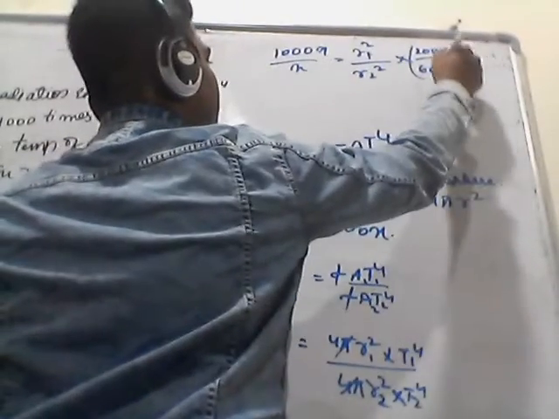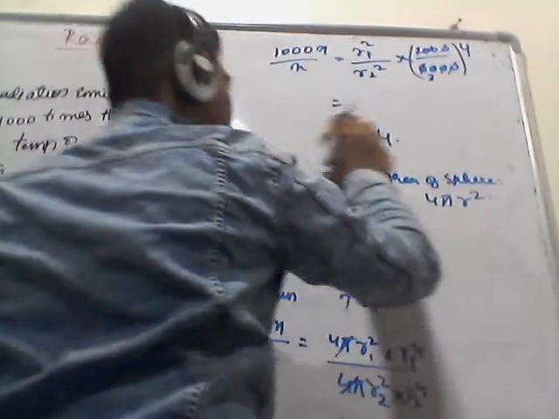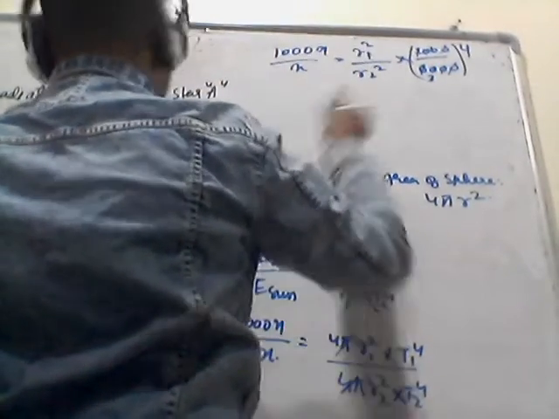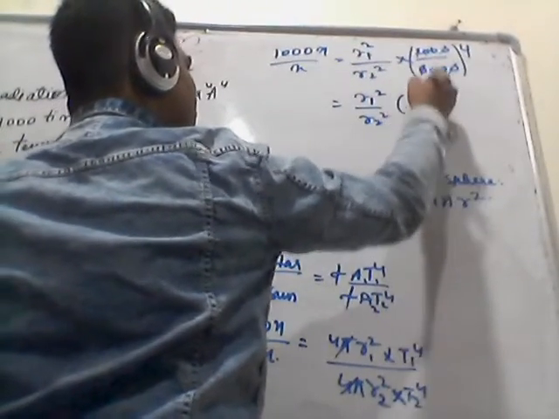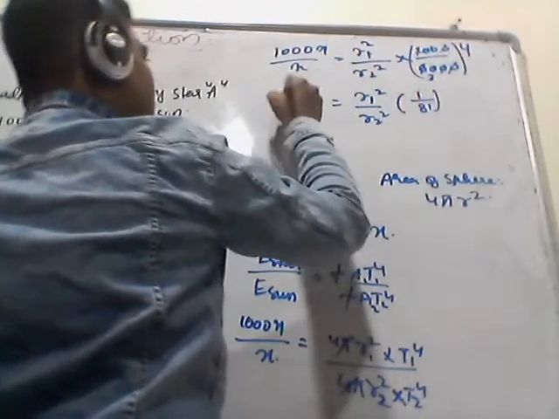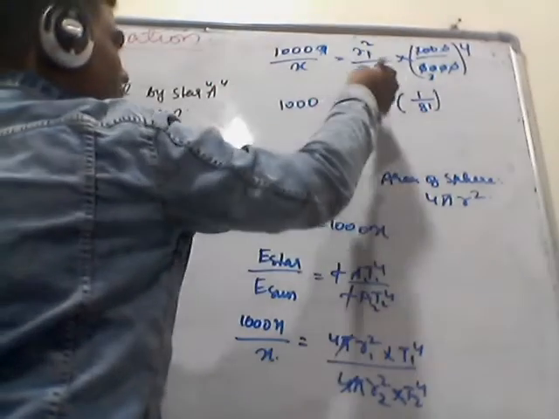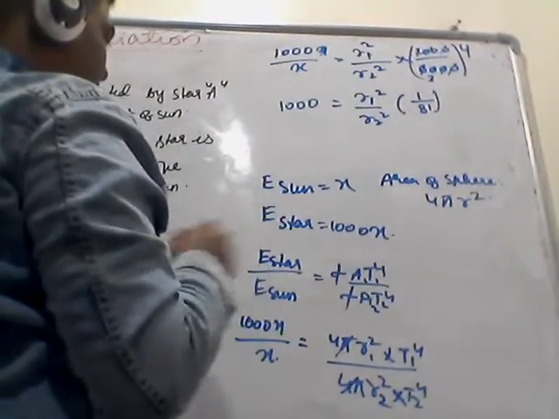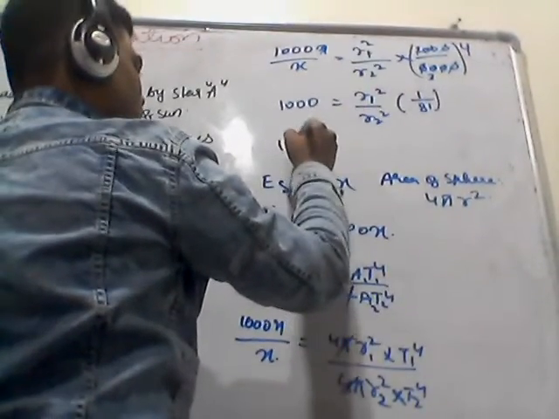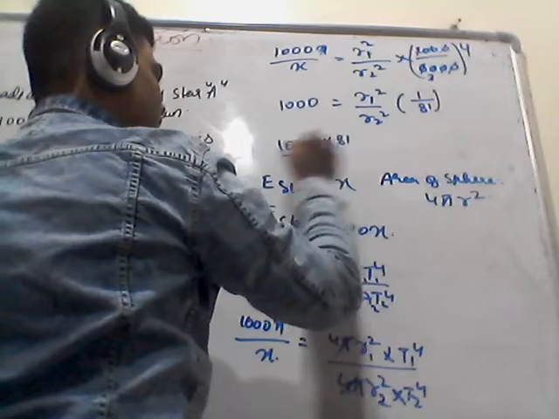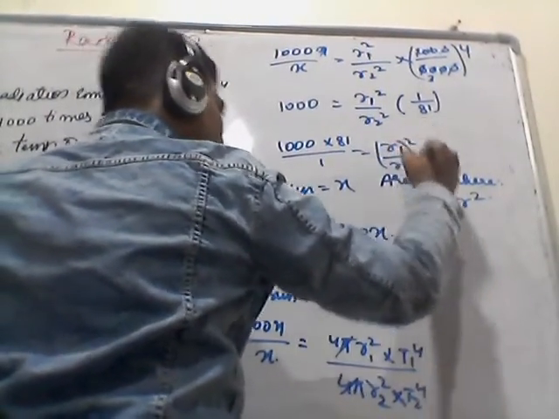The 3 zeros cancel, so it is 1 by 3 squared. Can I write 1 by 81 is equal to, the 1000 x cancels? Keep r1 and r2 like this, because r1 I am imagining as for the star and r2 for the sun. So 1000 into 81 by 1 will give you r1 square by r2 square.